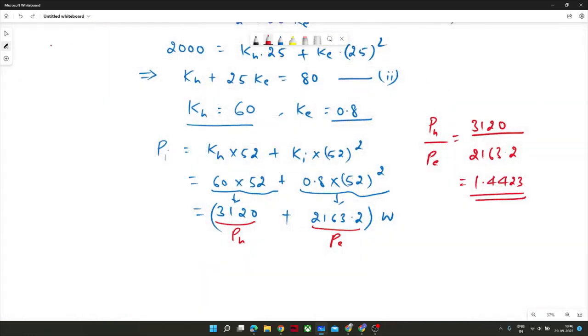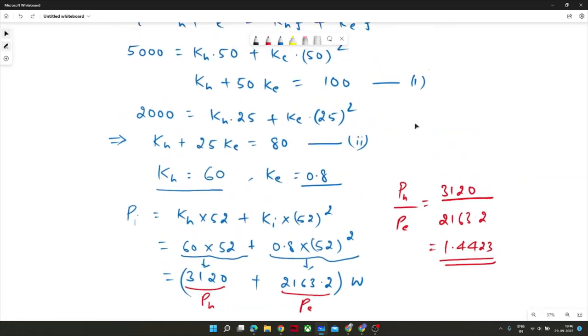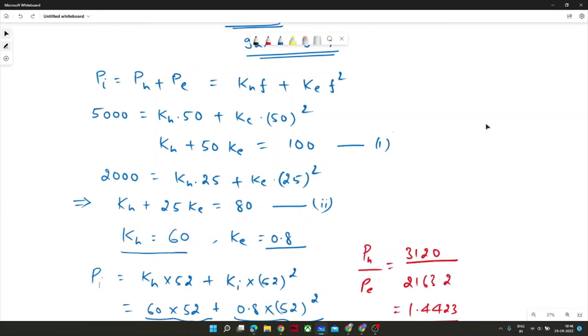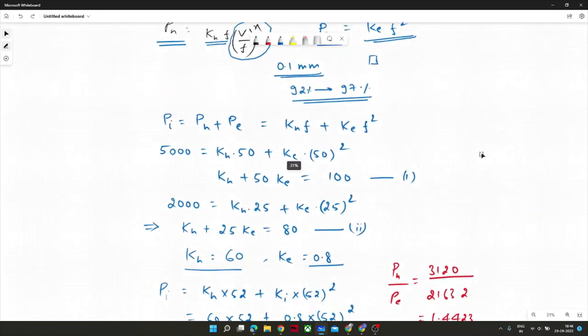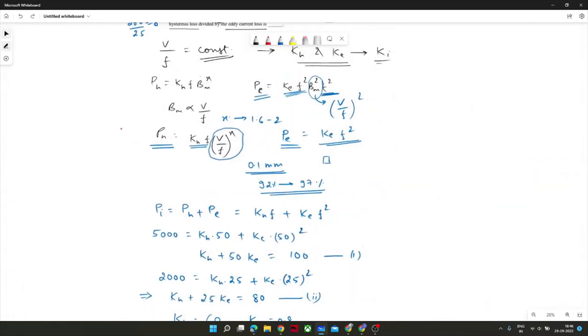Sir, if the V by F ratio is different, then the flux density will be different in both cases. Yeah, flux density will be different. Then we have to move ahead with the complete formula. We have to take care of this.